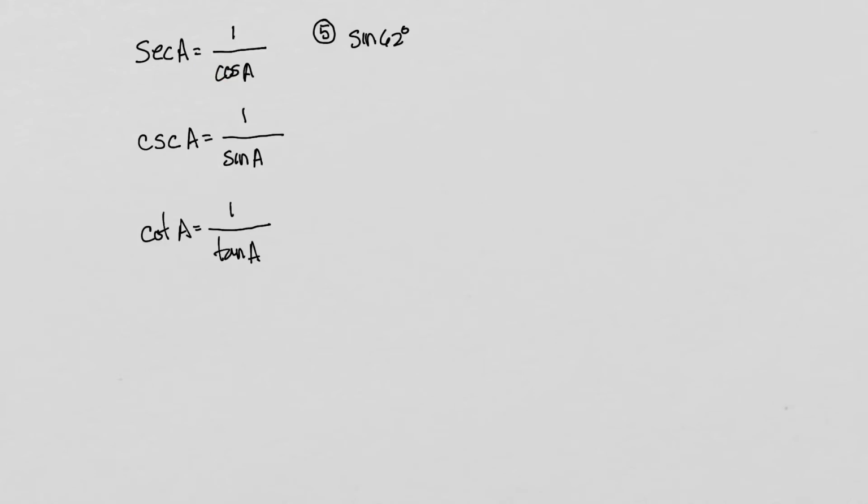Now number 5, this one's pretty straightforward. This is the sine, and the sine is on the calculator. So what I'm going to type in on my calculator, I'm going to press the sine key, and when I do that, I get a parentheses. I'm going to put in 62, close the parentheses, and when I press equal, I'm going to round off to 4 decimal places. I get 0.8829. So what this is saying is this.